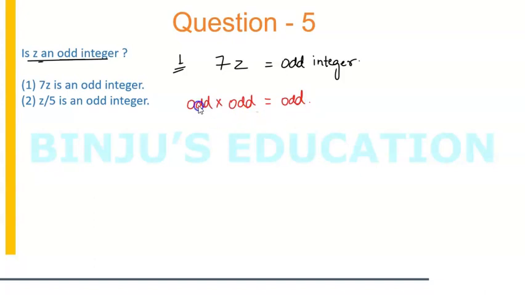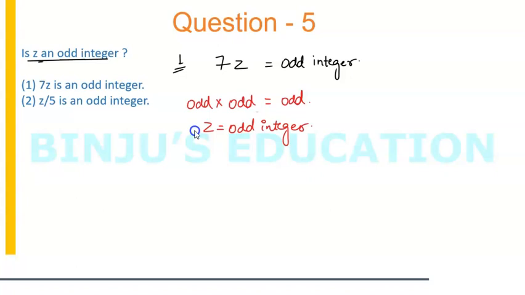So in that case, I can say that Z has to be an odd integer. Because if you multiply 7 with an even number, let's suppose 2 or 4 or minus 2 or minus 4, in all 4 cases you'll get the result to be even. So if you multiply 7 with Z and the result is odd, then Z has to be an odd integer.